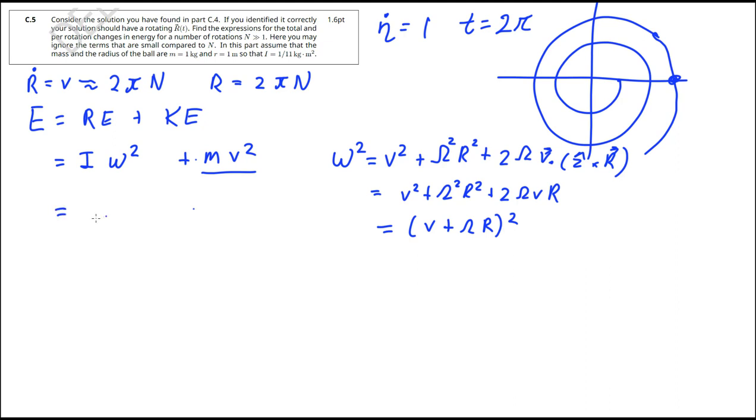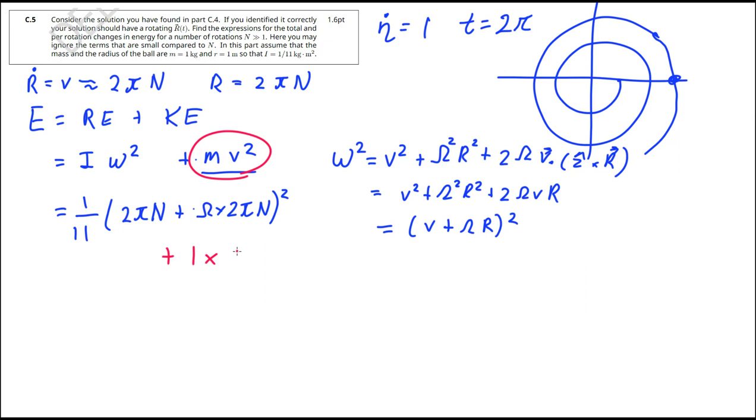So in this expression, v is just 2 pi n plus omega times r, which is 2 pi n, all squared. And then we've still got our second term, so plus m equals 1, and v is 2 pi n squared.